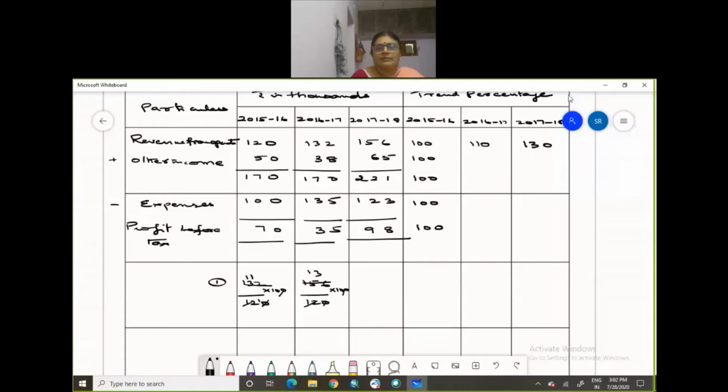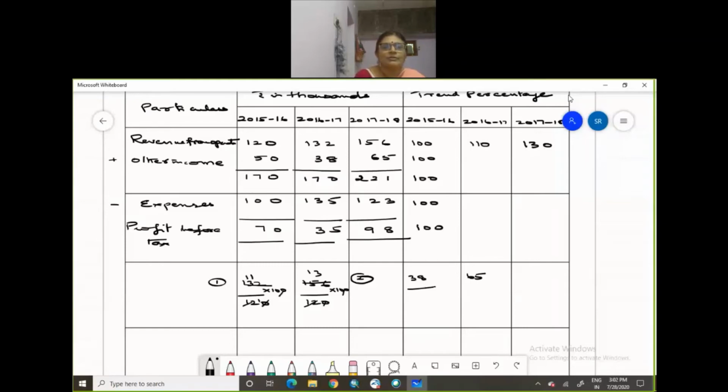Now that you have completed revenue from operations, let us do other income. Other income is 38 for 2016-17 and 65 for 2017-18. The base is 50.